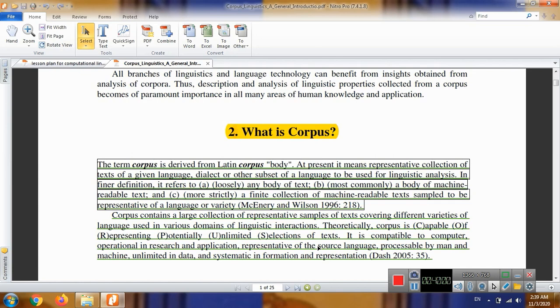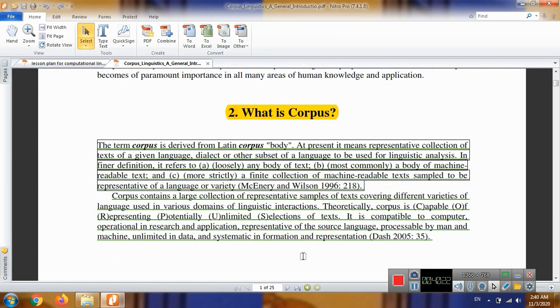In a finer definition, corpus refers loosely to any body of text, most commonly a body of machine-readable text, and a finite collection of machine-readable text samples to be representative of a language or variety.